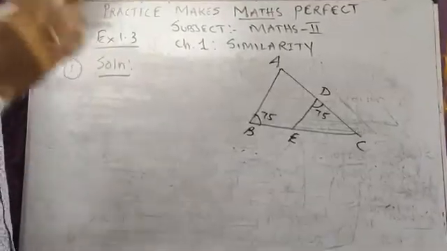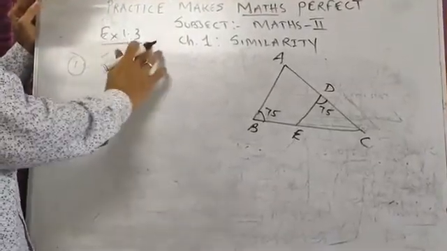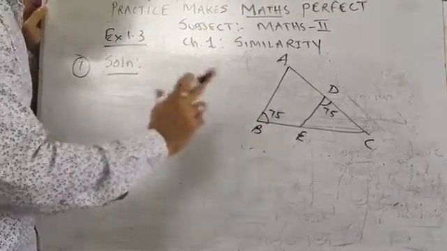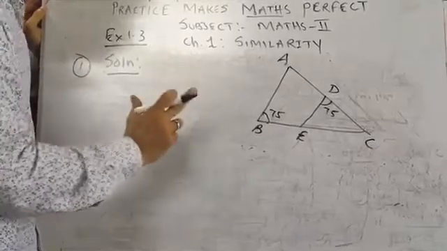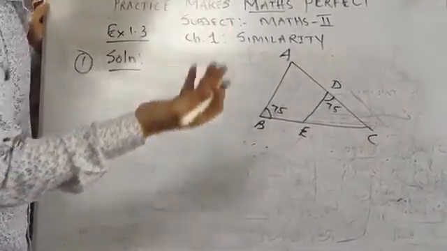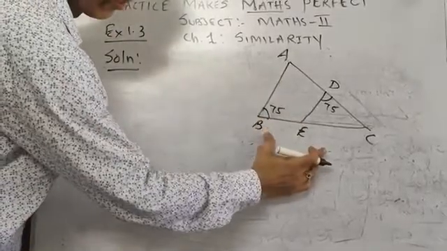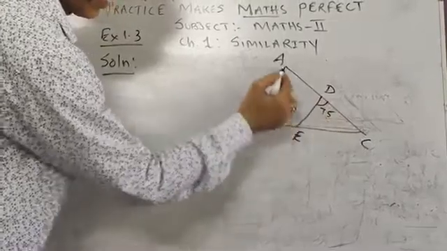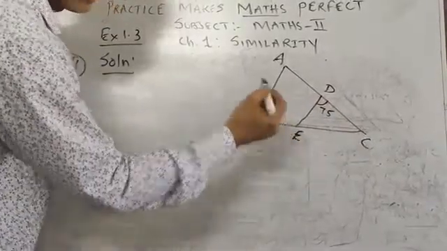Okay, so come to sum number 1 of exercise 1.3. The diagram is given to you. Now we have to show which two triangles are similar, and by which test. From the diagram itself you come to know that angle CDE is 75 and angle ABC is 75. So one angle is congruent.